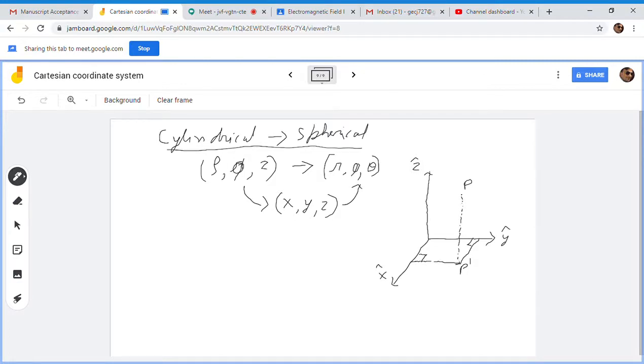Okay, so what is that? So P, you have two things. One is this radius, this is r. And there is another radius, of this cylinder in the cylindrical coordinate system. You define it to be rho. This phi is the same, and this is theta.